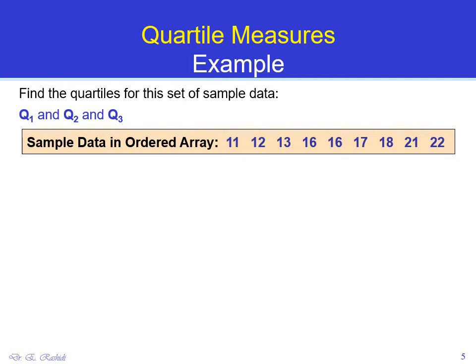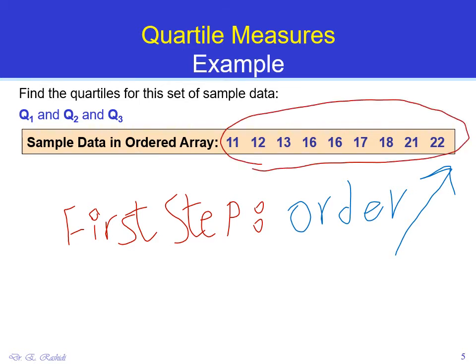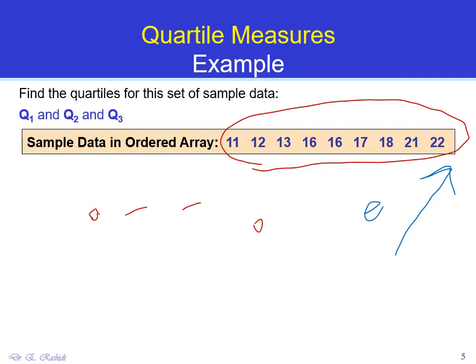First of all, what is the first step when you want to find a quartile? Order your data from the smallest to the largest in ascending order. Luckily, our data here are already ordered from the smallest to the largest. So we don't have to do that step.